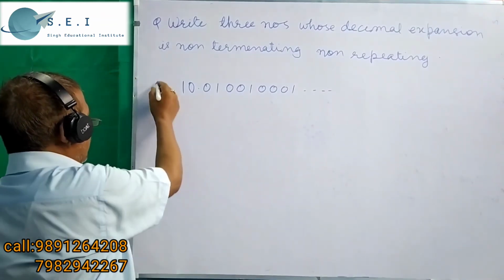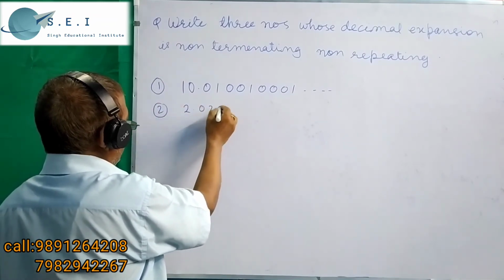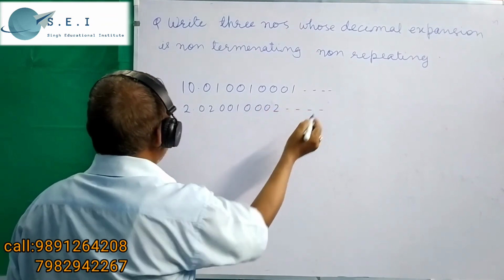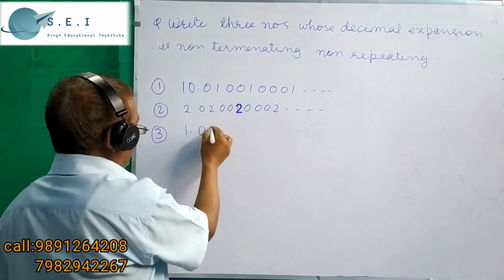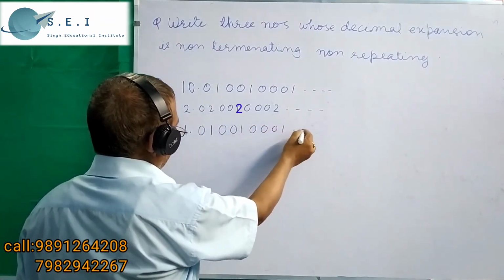Similarly, another number is 2.020020002 and so on. Next example is 1.01001000 1 and so on.